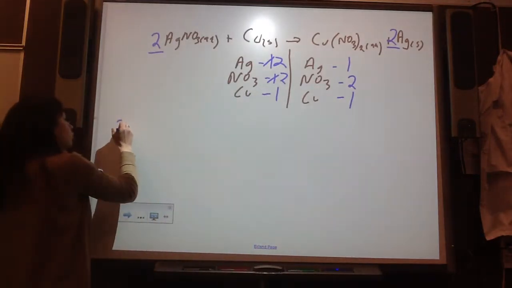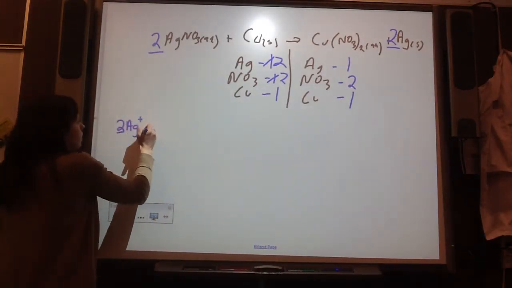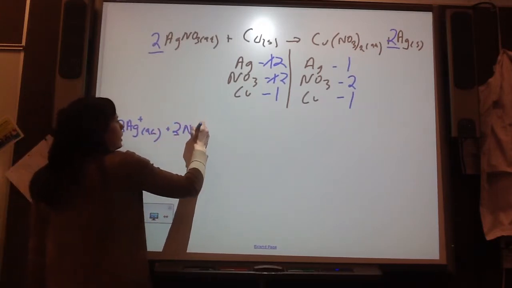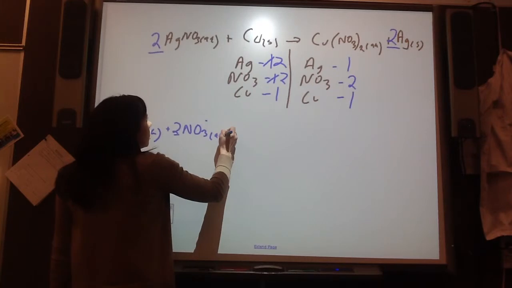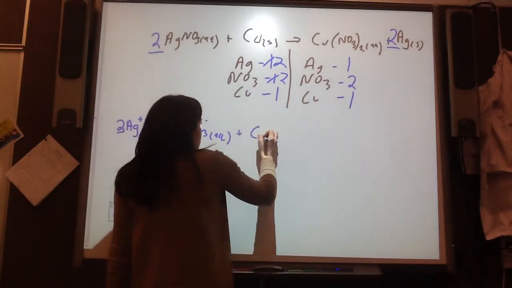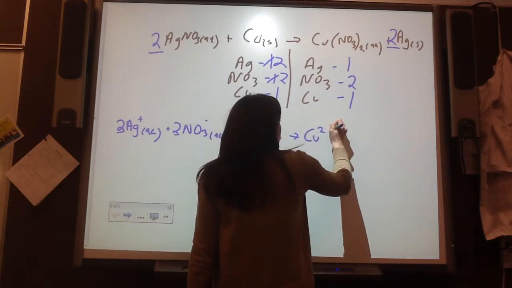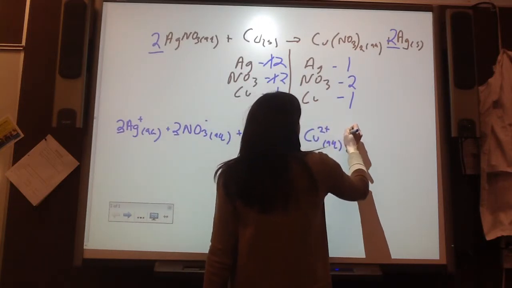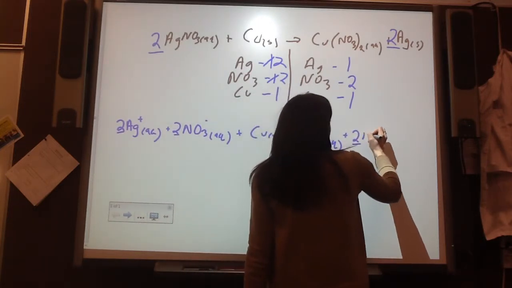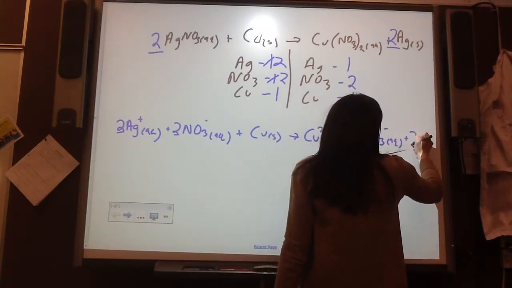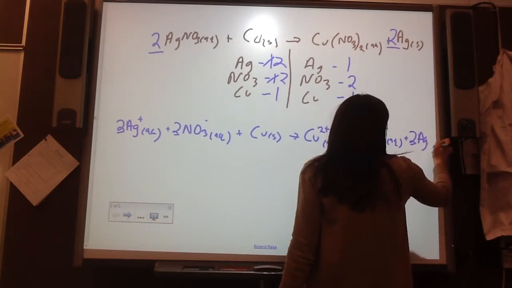So I have 2 silver ions plus 2 nitrate ions plus copper solid makes copper 2 plus aqueous plus 2 NO3 ions plus 2 silver solid.